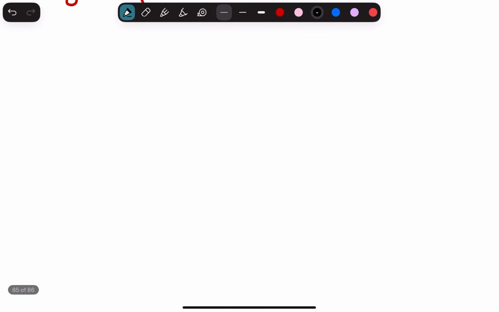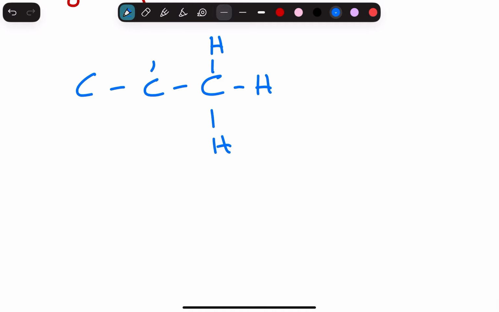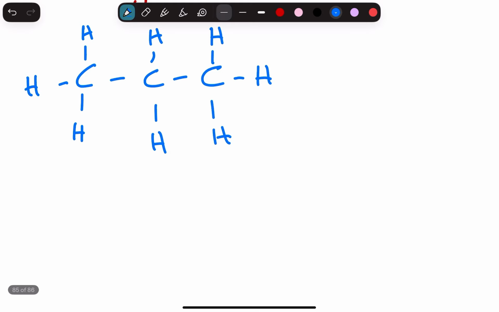And if we want to condense it a little bit more, I'm just going to redraw it down here for propane. We had 3 carbons. This one has 3H, this has 2H, this one has 3H. So if we want to condense this a little more, we can write it in a more condensed form like this: CH3, CH2, CH3.